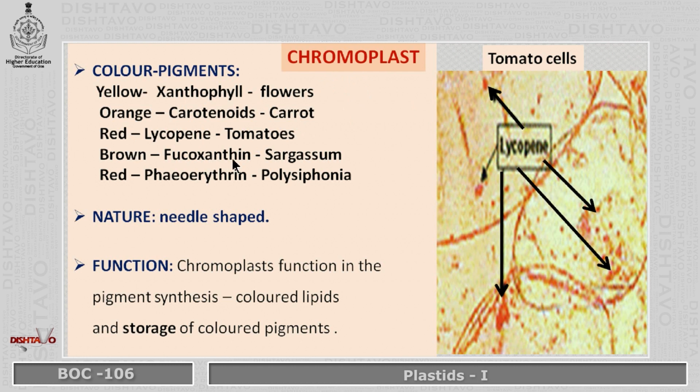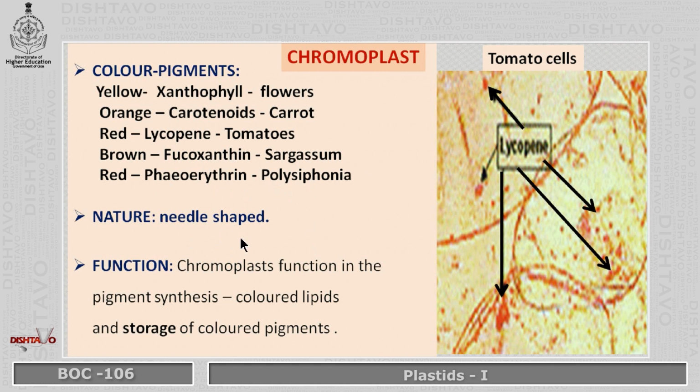Then in tomatoes, we see a pigment lycopene, which is red in color. Fucoxanthin, which is brown in color, you see in sargassum algae. Then we have phycoerythrin, which is found in red algae, for example Polysiphonia. And these are needle-shaped, tiny structures which store the red lycopene pigment or maybe brown pigment.